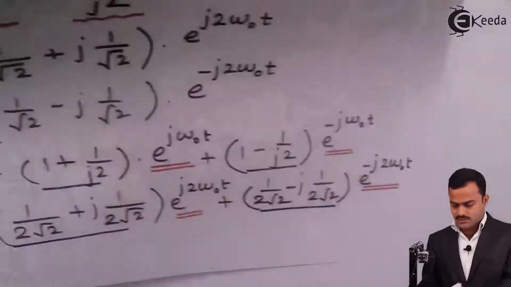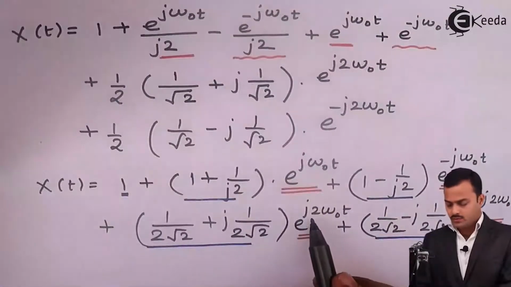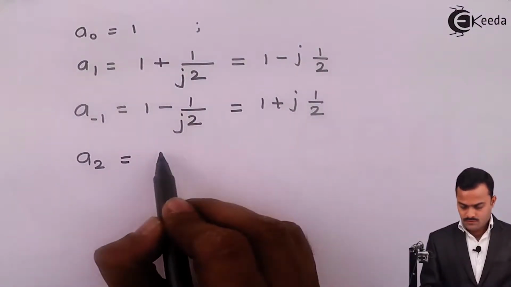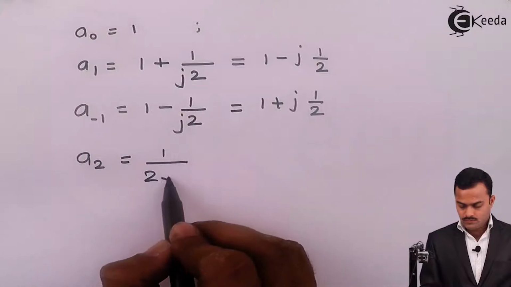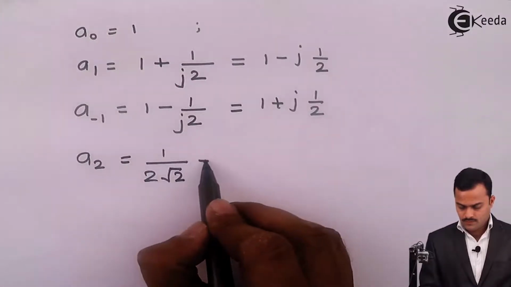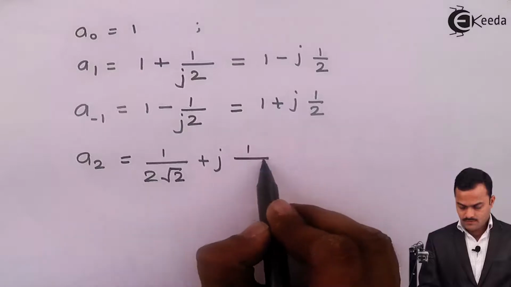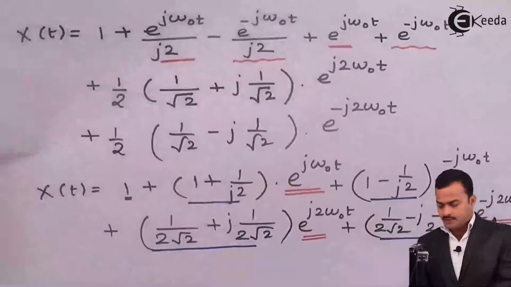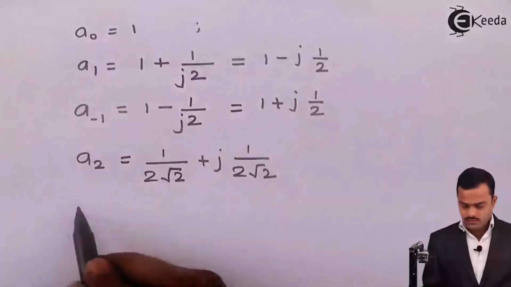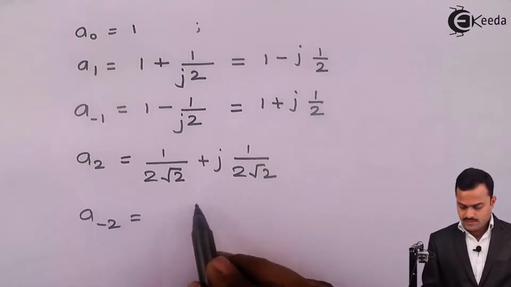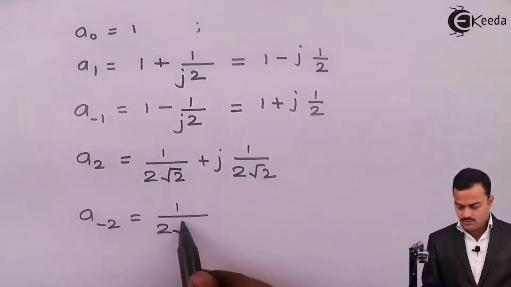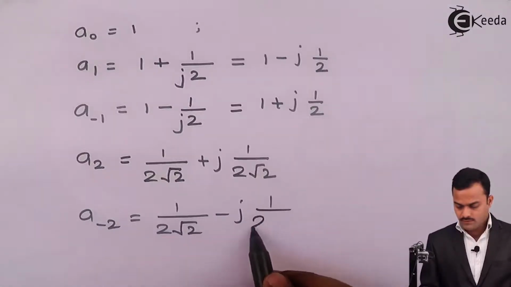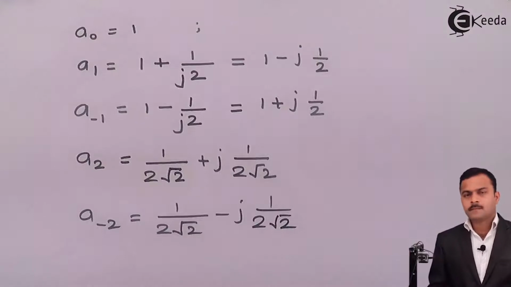Next I have this, I obtain this when I put k equal to 2, so this becomes A2, 1 by 2 root 2 plus j 1 by 2 root 2, and finally this I obtained if I put k equal to minus 2, so A minus 2 I will get 1 by 2 root 2 minus j 1 by 2 root 2.